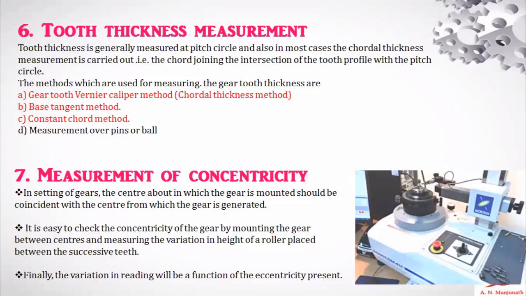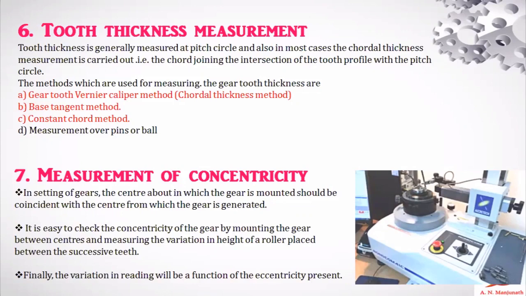It is easy to check the concentricity of the gear by mounting the gear between centers and measuring the variations between successive teeth, right? Any variation, that is any eccentricity present, will be noted. It is called the concentricity: how the gear rotates from its center with respect to the other center on which it is mounted.